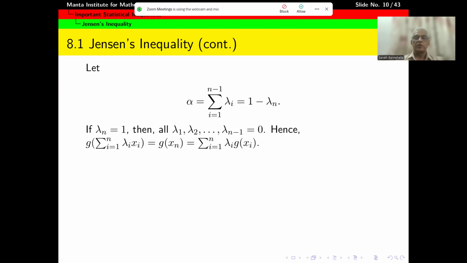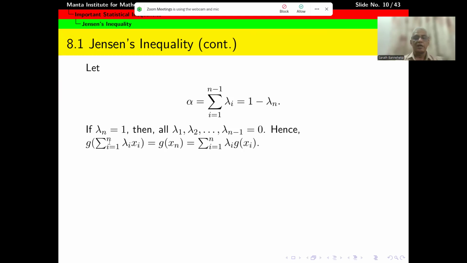A sum of non-negative values is equal to 0 if and only if all the individual values are equal to 0. So all the other lambdas must be equal to 0. Therefore, in that case, g of the sum of lambda i xi will be just g evaluated at xn, because all the other lambdas are 0.